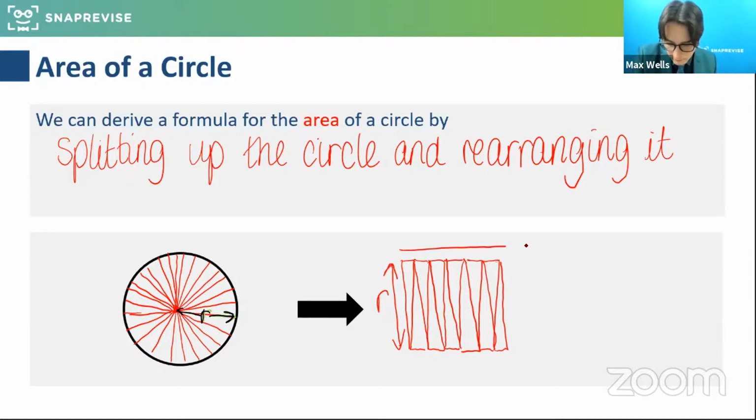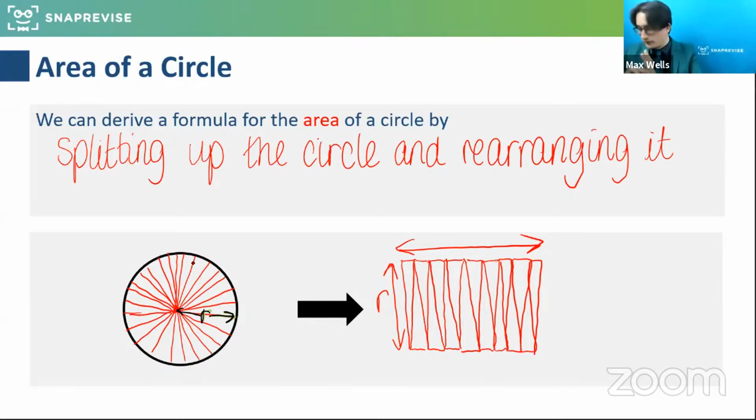And what the length would be along, if I kept it going, can anyone suggest what the length would be if I lined all the slices up? If I paired them up, put them upside down next to each other, are we happy that they would be half of the circumference?